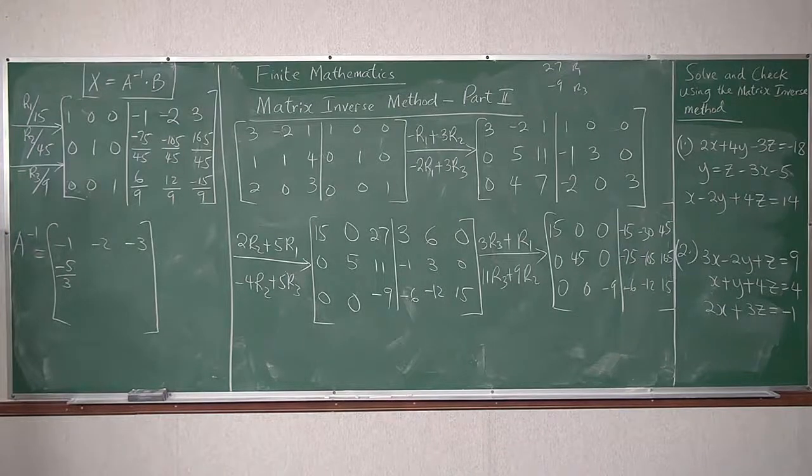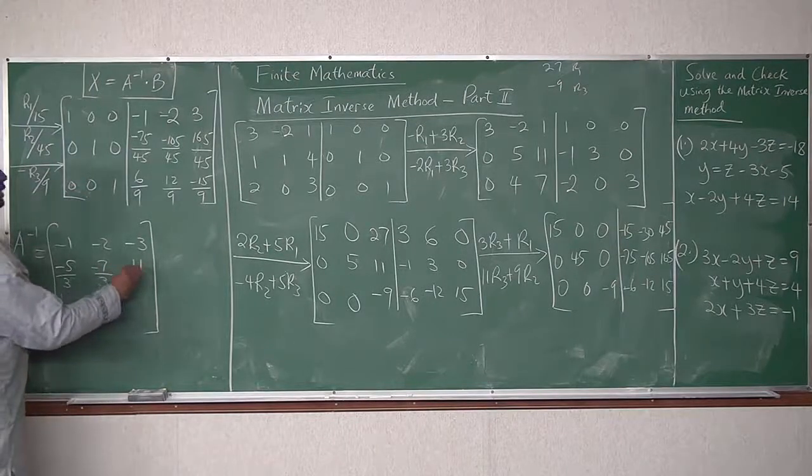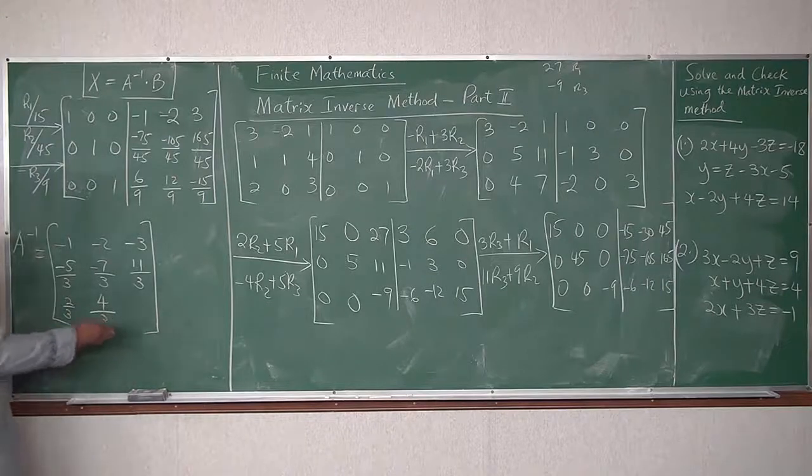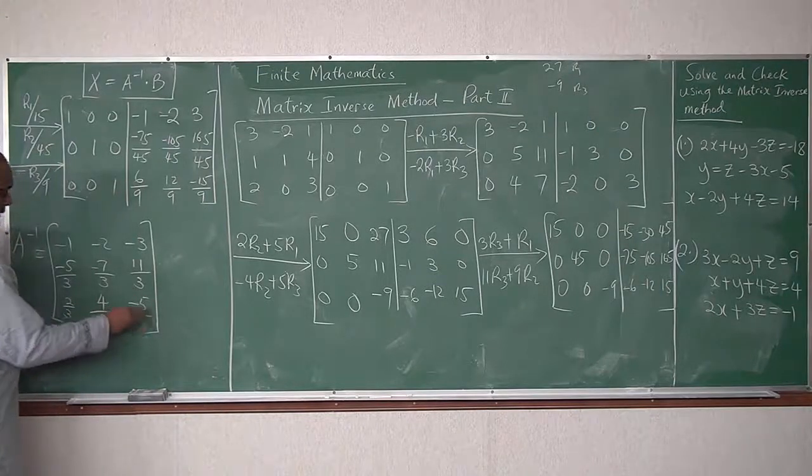Now 15 into negative 105. 15 times 7, so this is negative 7 over 3. And that will be 15 times 11, that gave us 165. So this is 11 over 3. Then this will be 2 over 3, because 3 into 6 is 2, 3 into 9 is 3, 3 into 12 is 4, 3 into 9 is 3, 3 into negative 15 is negative 5 over 3.